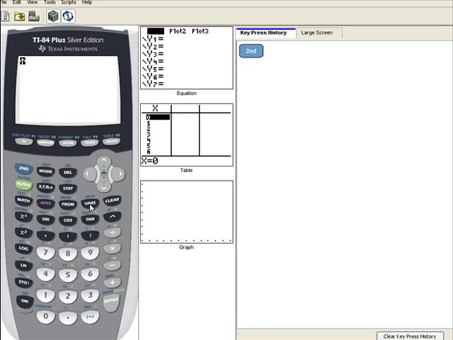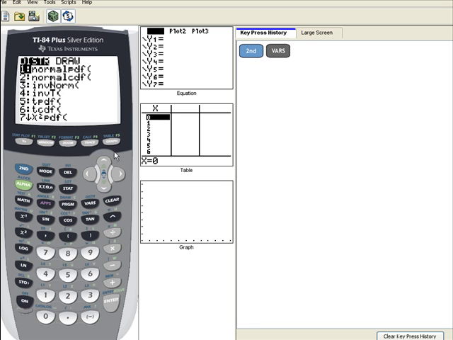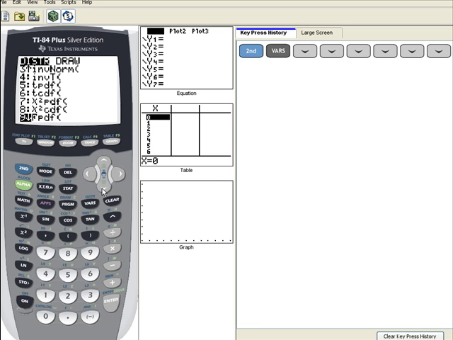Now, if we scroll down, we have 2 binomial distributions. The first one is the binomial probability distribution, and the second one is the cumulative. So in other words, it's going to add from 0 up to whatever you're entering as x.